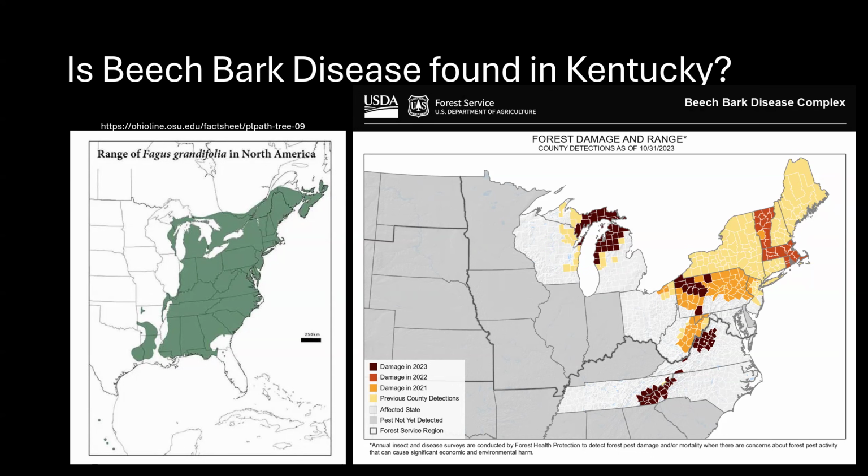It's in neighboring states. So the first map you can see in green is the natural range of American beech. So you can see, again, eastern United States. And then the bigger map is from the USDA, the U.S. Forest Service. This is the more recent one that I could find from 2023.